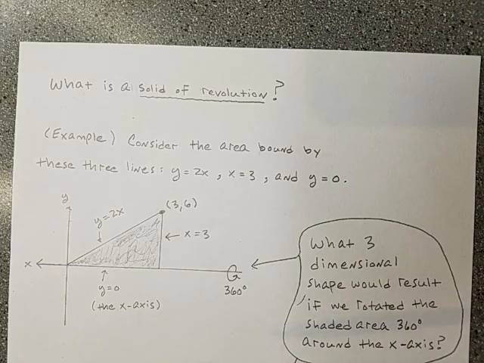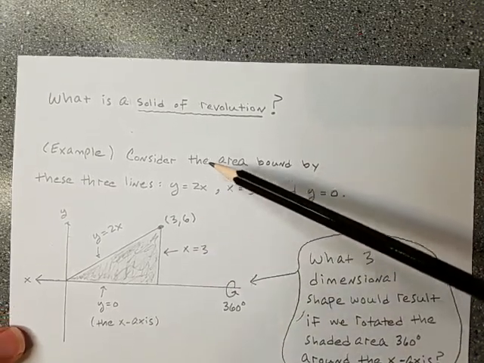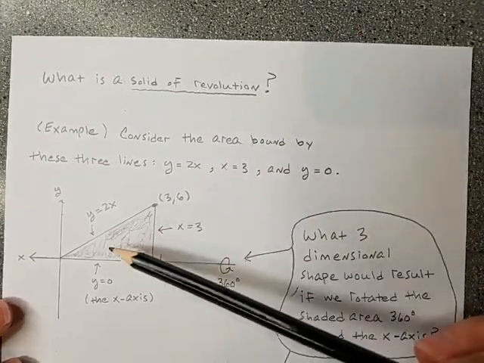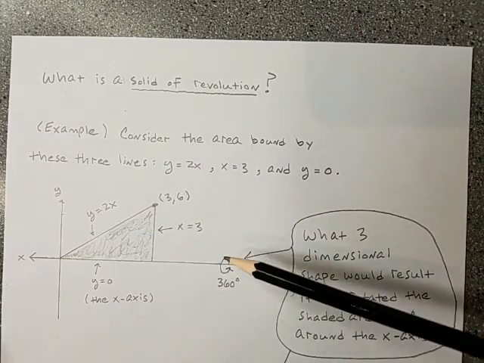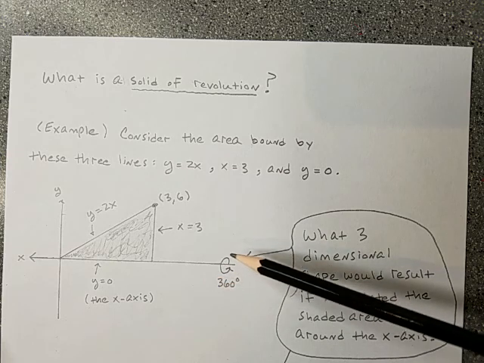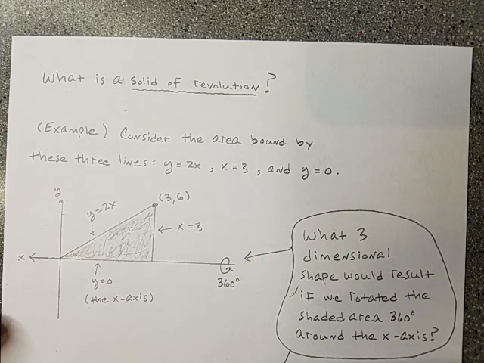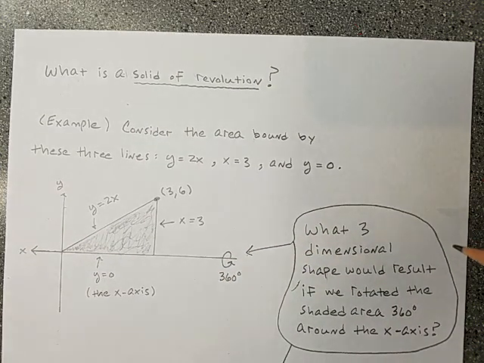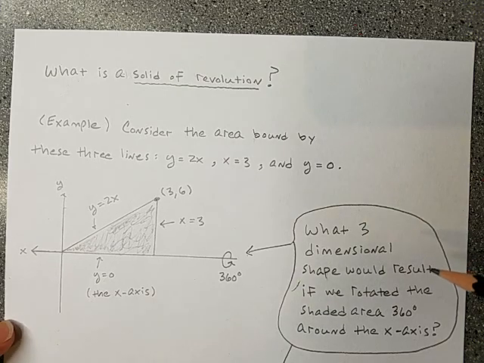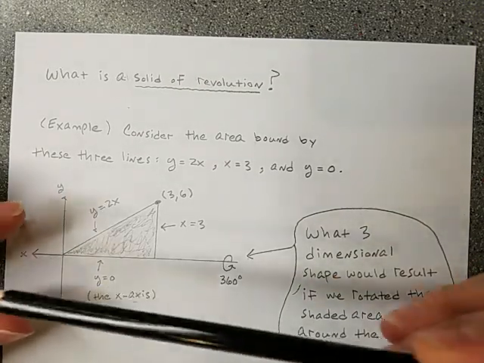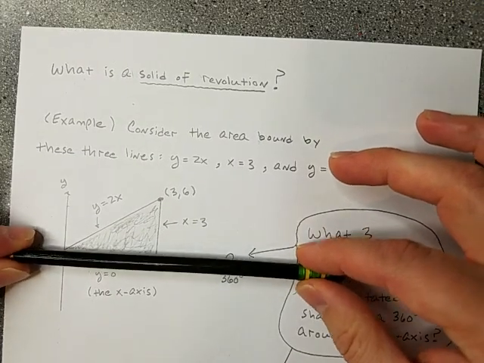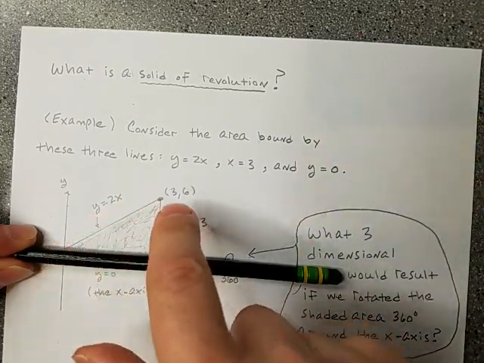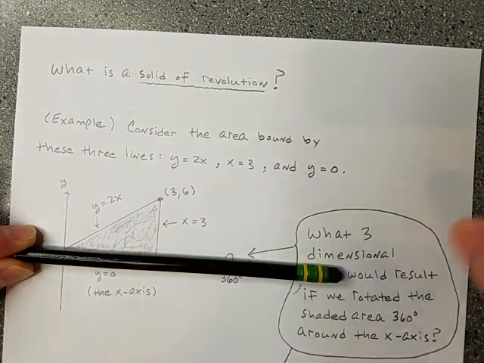Okay? All right, so now to the idea of a solid of revolution. Suppose you took this triangular space right there, and you rotated it 360 degrees around the x-axis. What three-dimensional shape would you get? If you're having trouble imagining that, imagine that this pencil is the x-axis, and I could get a cardboard triangle, and I could glue it to my pencil.